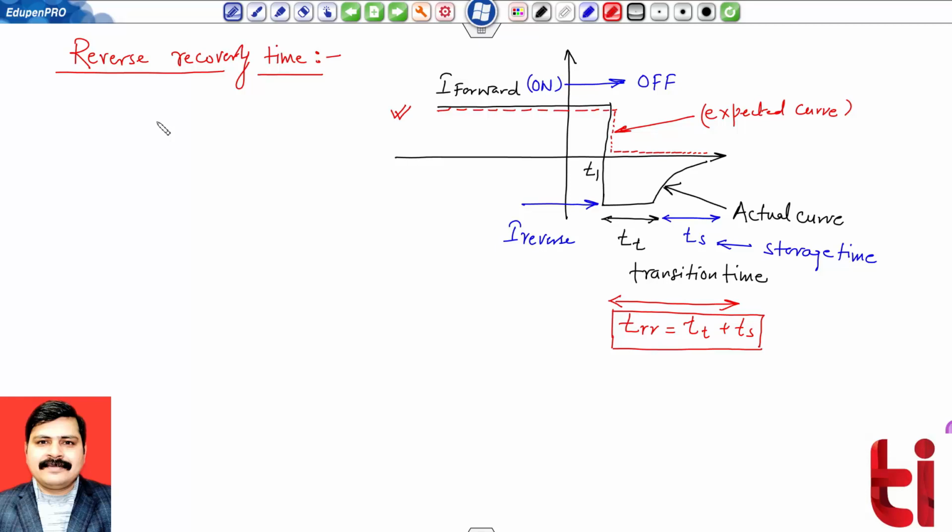This is a very interesting parameter, and in general, it has a value from a few nanoseconds to 1 microsecond. So it depends upon which type of diode we are using.